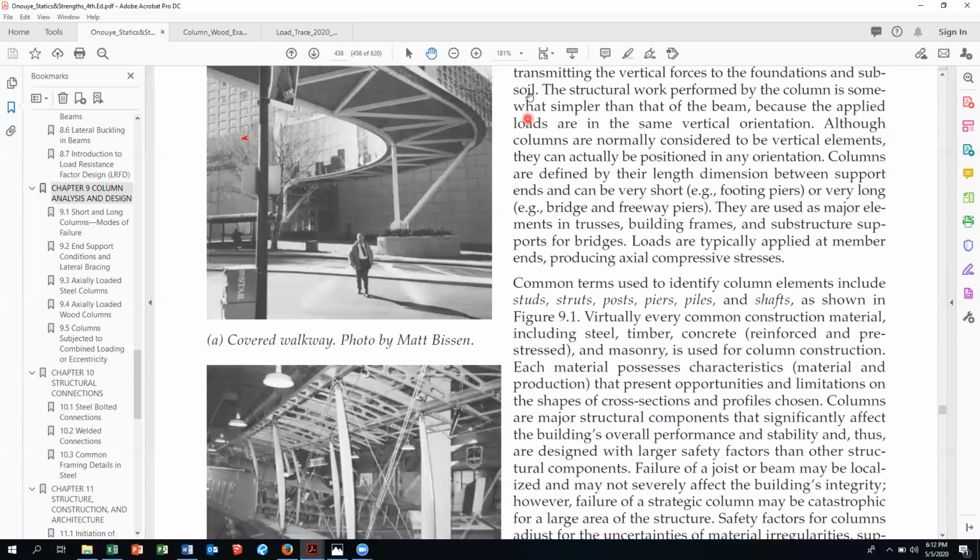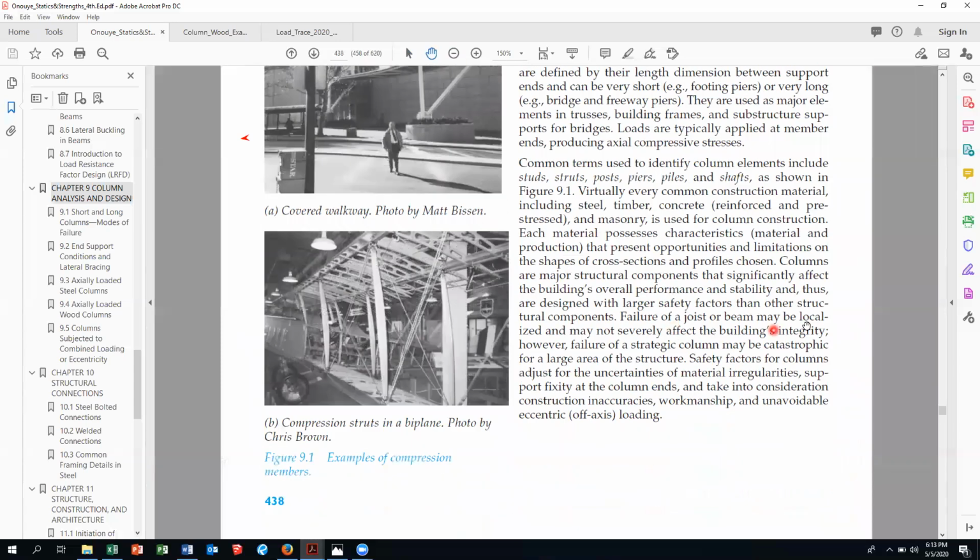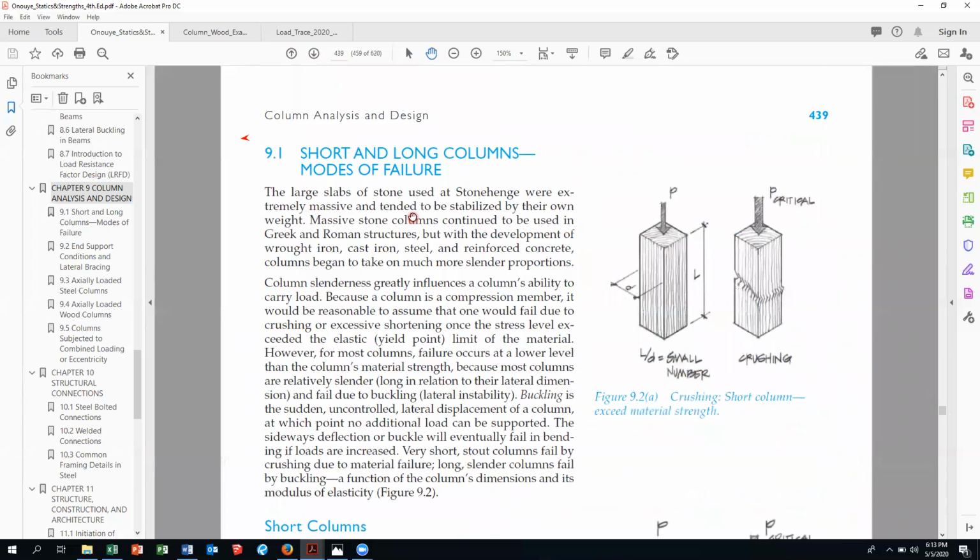So here's where we talked about failing in crushing or compression, where the short column exceeds the material strength. And this is where we would show you that for the labs that we did for columns, we'd get a piece 2.5 inches long, 5 inches long, 10 inches long, and 20 inches long.